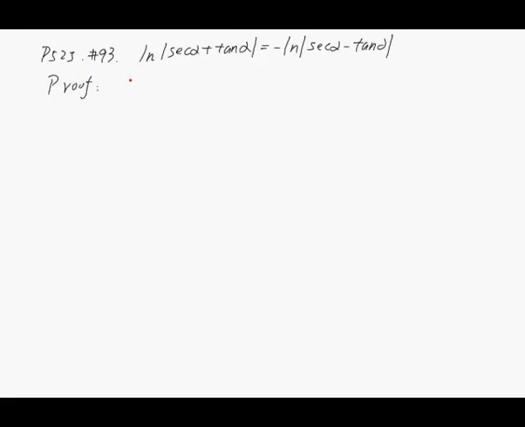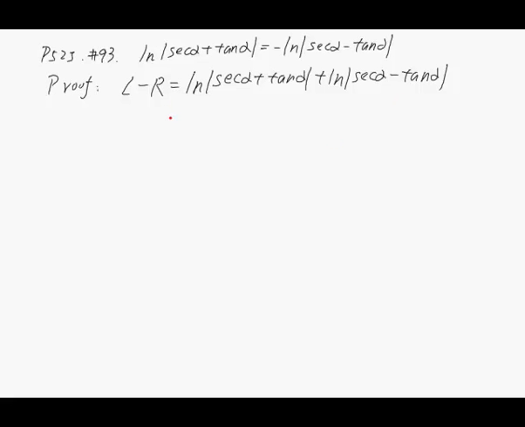And let's get the left side minus the right side. So this is just equal to natural log of the absolute value of secant alpha plus tangent alpha, plus natural log of secant alpha minus tangent alpha.